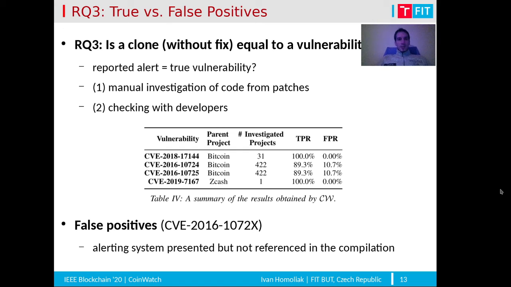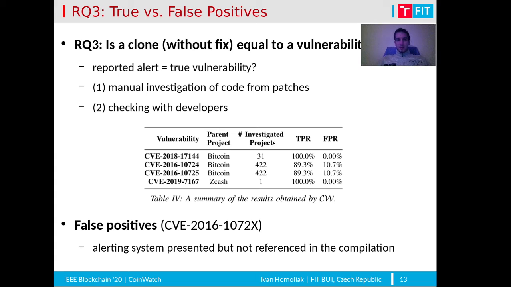The third research question investigates the true positives versus false positives of CoinWatch, and we ask in it whether a clone without a fix is equal to a vulnerability. This translates to whether a reported vulnerability is equal to a true vulnerability.